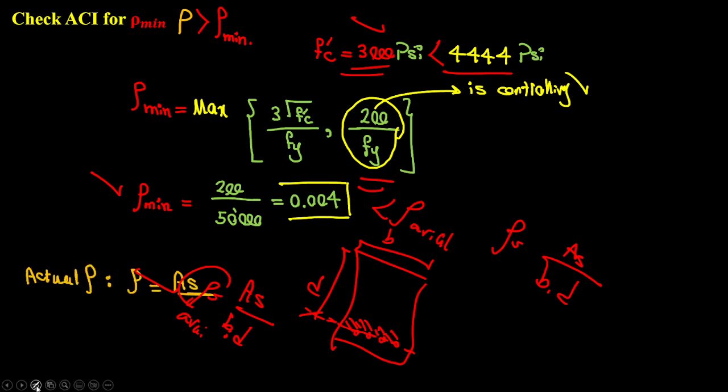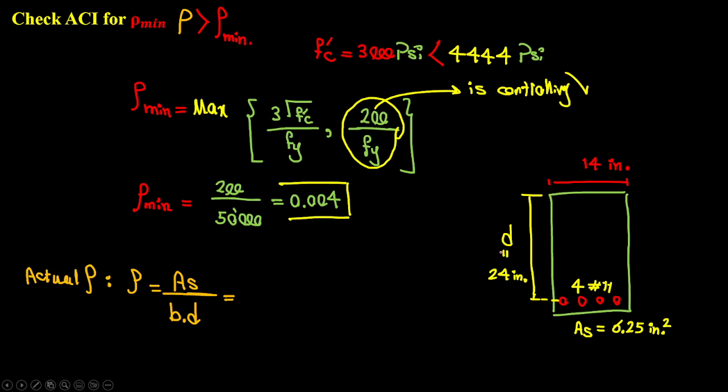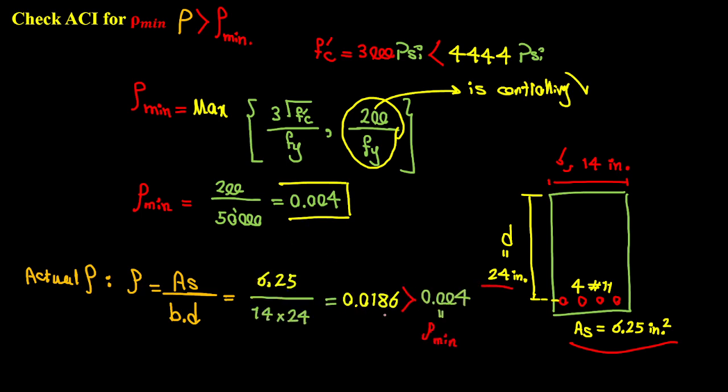So let's have our actual rho available, which is again As over b d, with As of 6.25 inches squared and b of 14 inches. By dividing that, you see that's way beyond. So the rho minimum check is already covered.